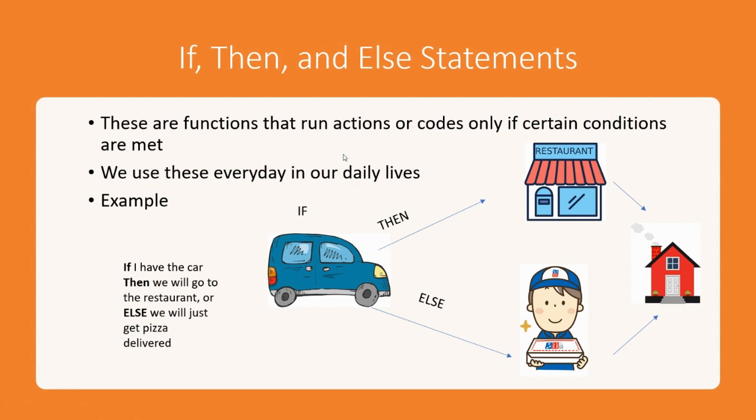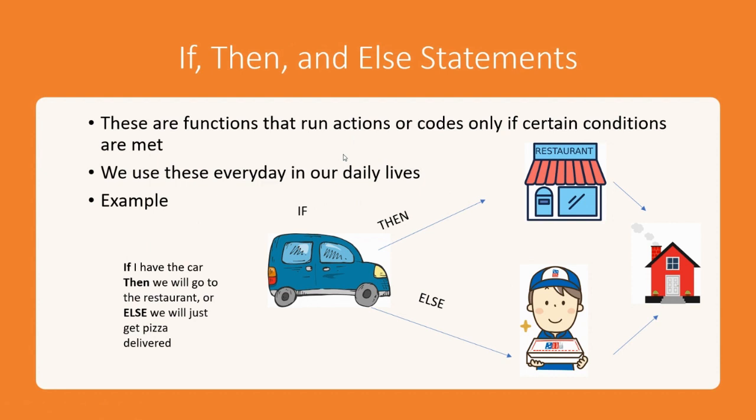A similar day-to-day example: picture this, you're at home and somebody took the car, and you're waiting for the car to make plans for the evening. You're not sure when your brother or your dad is going to come home with the car. So here's an if and then statement.